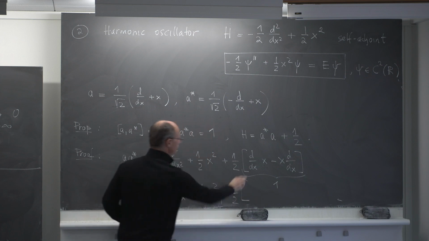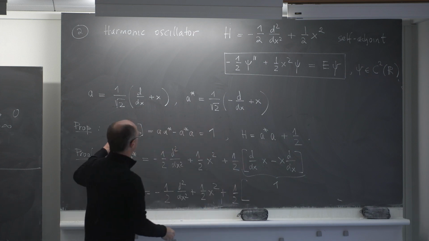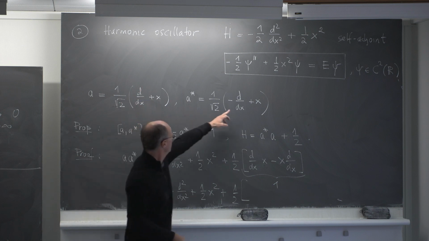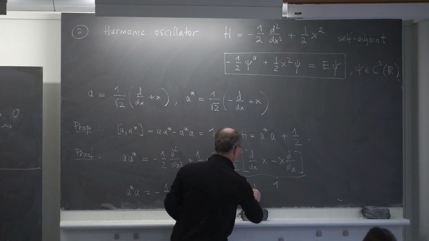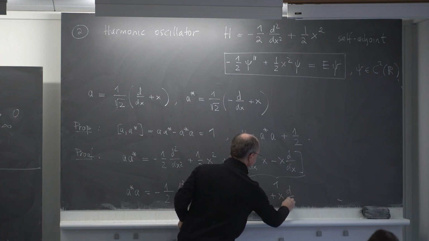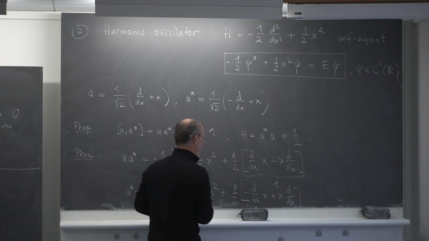But in the second term, these two terms will exchange the signs, because here will be minus d over dx x plus x d over dx.